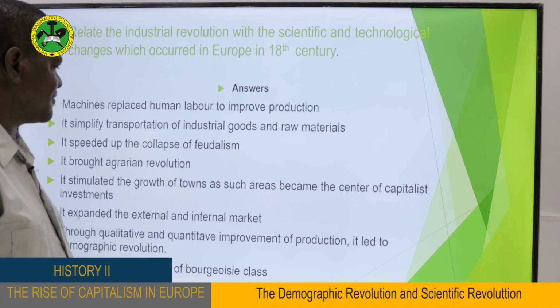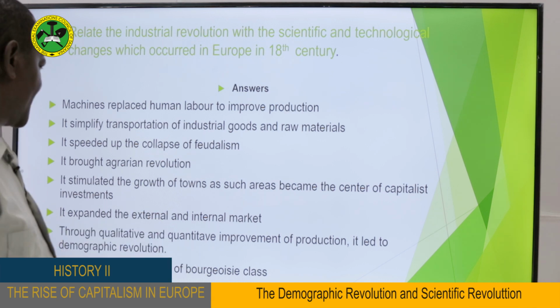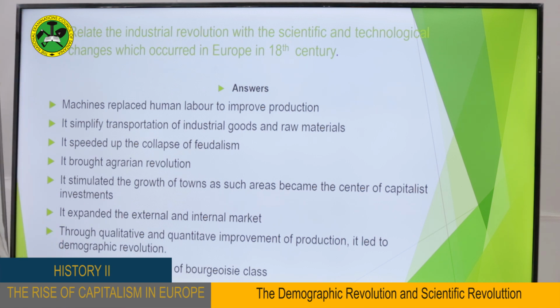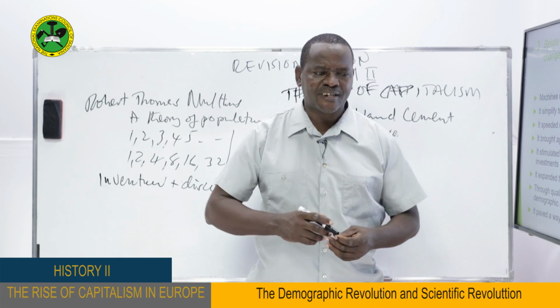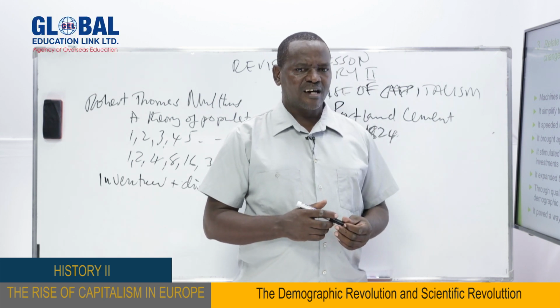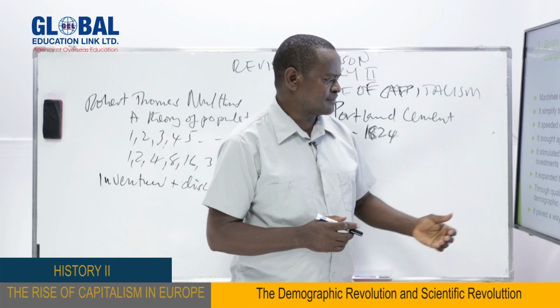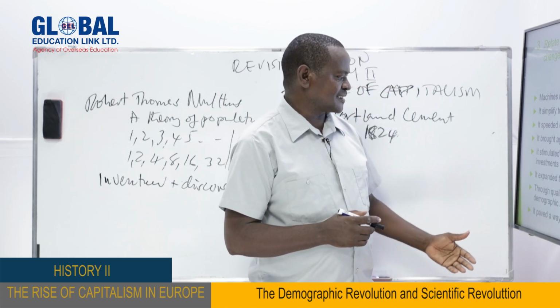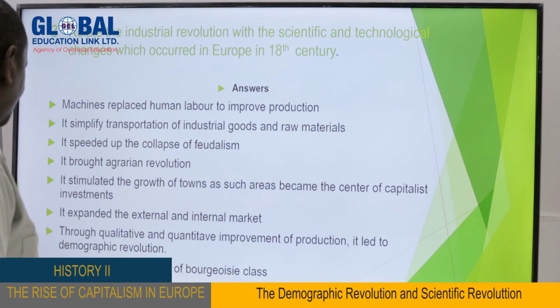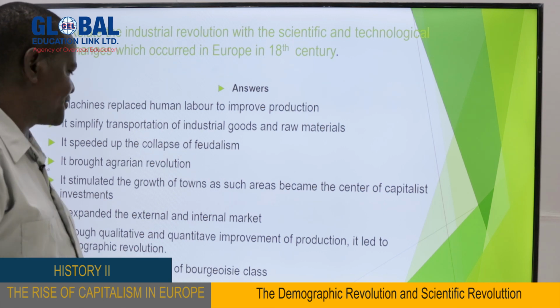Also, through qualitative and quantitative improvement of production, it led to demographic revolution. Of course, we said it. Particularly improved agricultural production, which we said has improved also production of food, and people were able to eat a balanced diet, and that helped them a lot, at least to increase their life expectancy. And so demographic revolution. Also, it paved the way to the rise of the bourgeoisie class.